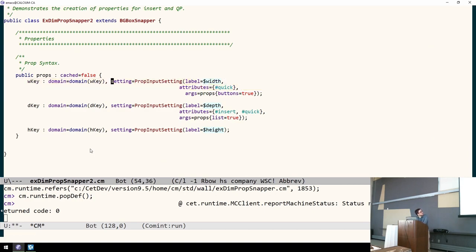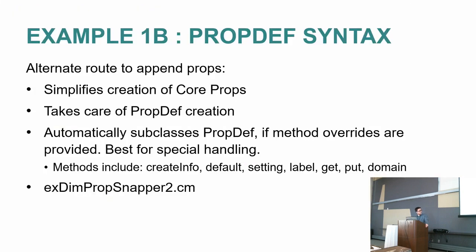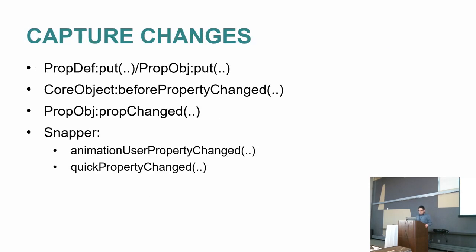In the prop def syntax, you can specify a setting as well as one of those arguments, and you just define your class out. So it behaves the exact same way as that previous example. Paul already went over this, so I'm not going to bore you.